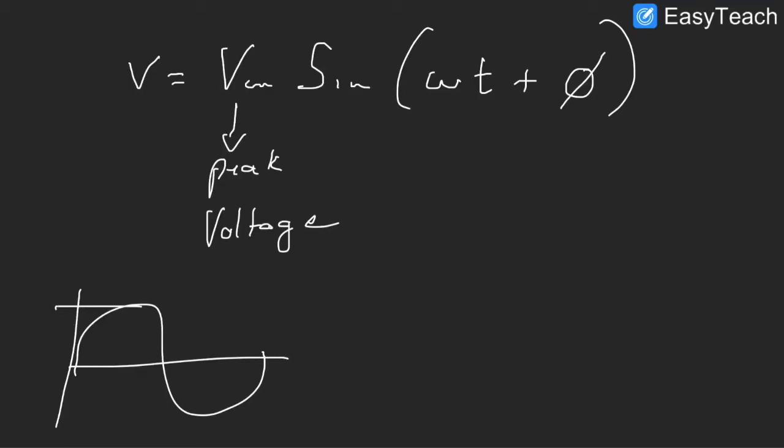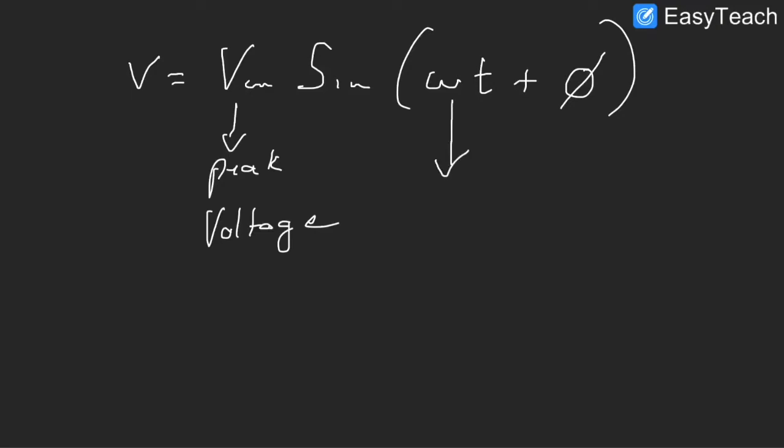I'm gonna delete that messy diagram. And another term here that you gotta look at is omega. It's not just a W, it's a Greek alphabet omega. And that is known as angular frequency. It's kind of like a speed, how you measure the speed of your car.